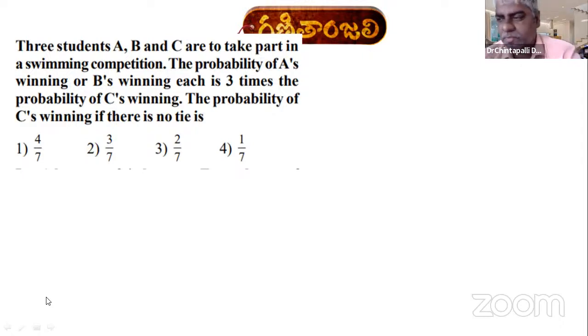A, B, C. What is the sum of all probabilities? In any situation, in any experiment, it is certain that the sum of all probabilities must be equal to 1.